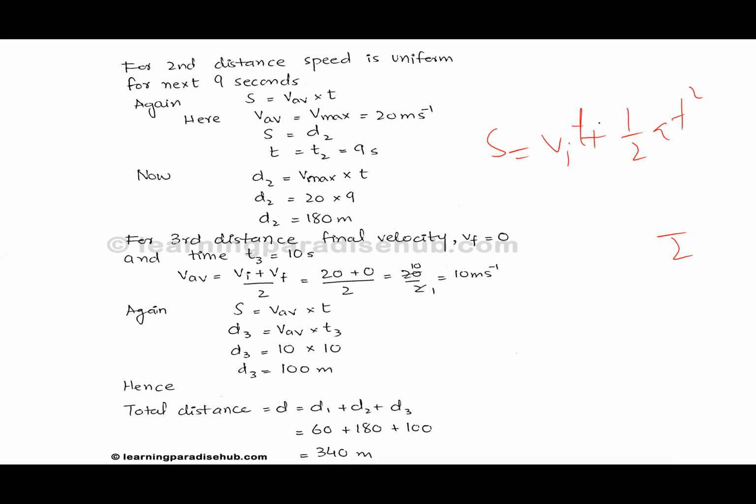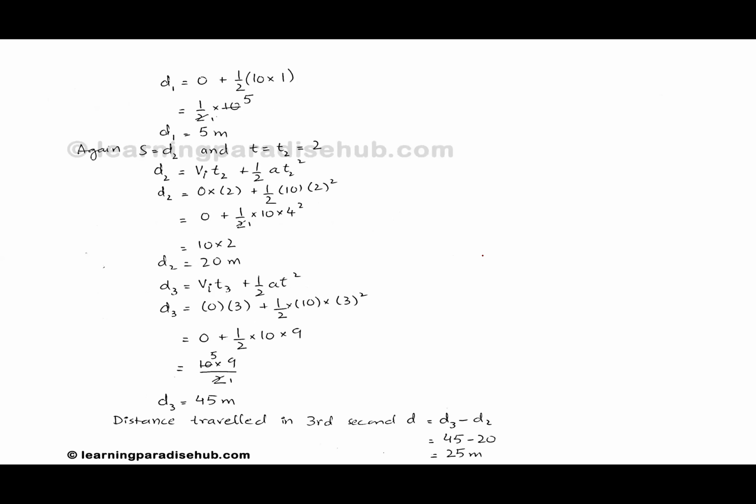These equations can be used. F is equal to del P divided by del T is used. And one more, S is equal to V average into T is used. By using all these equations of motion, the numericals can be solved.